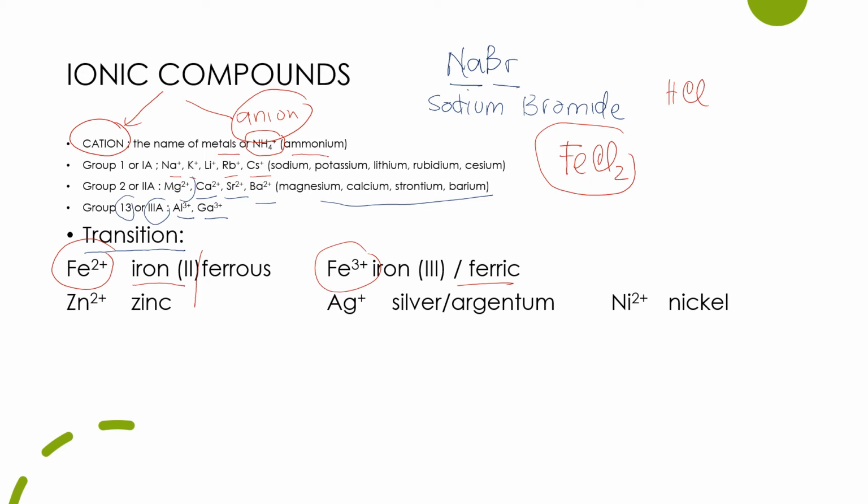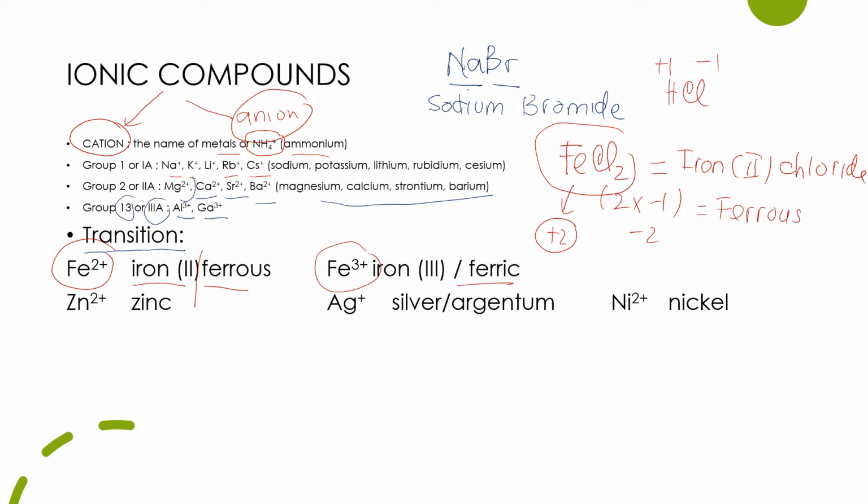So here H is +1, Cl is -1. So Cl is -1 times 2, which is -2. So the Fe in here is +2. So the name of FeCl2 is iron(II) chloride, or ferrous chloride.